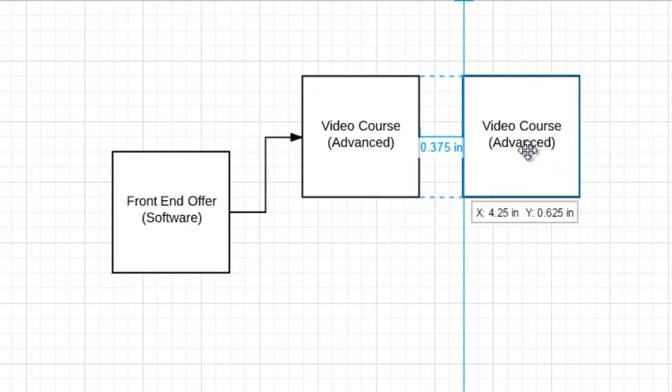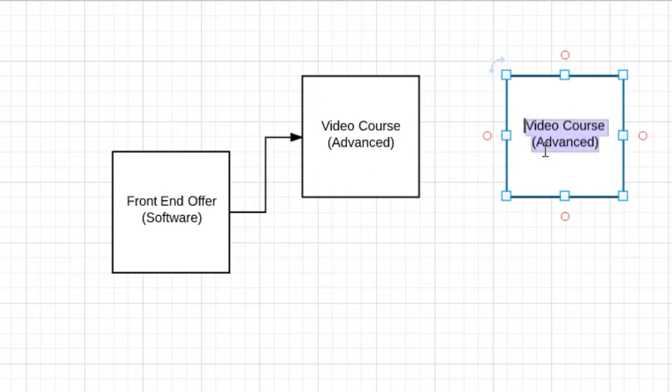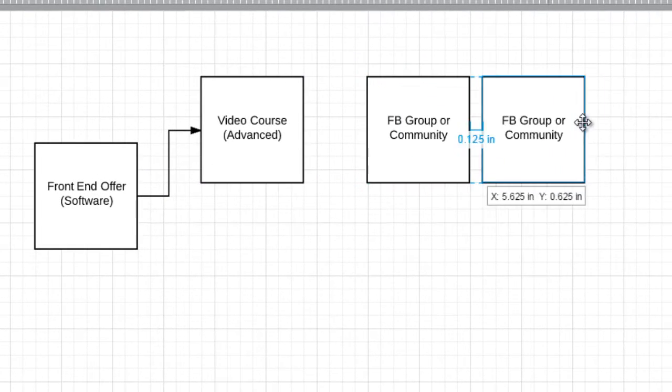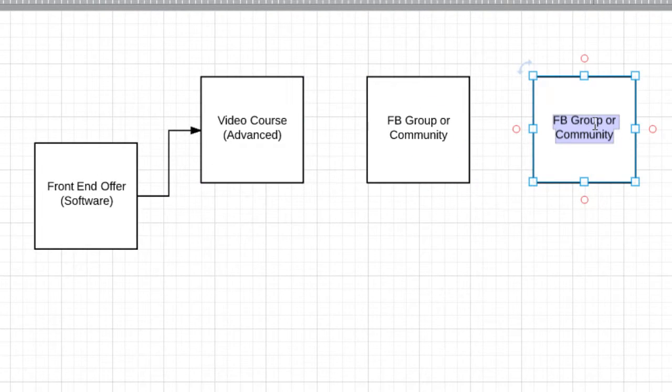And then maybe you can have a Facebook group or some community. So, Facebook group or community. And then of course, maybe we have one-on-one coaching. So price wise, maybe this one's like $497.